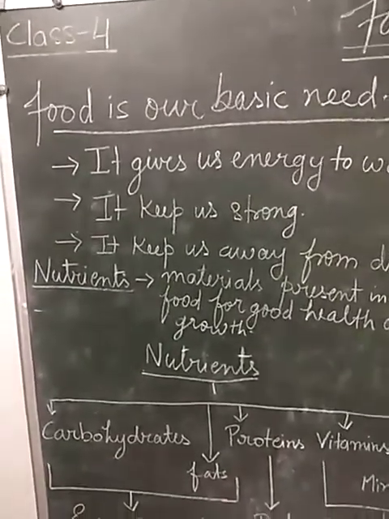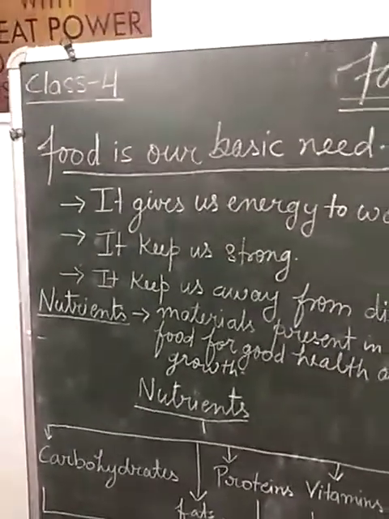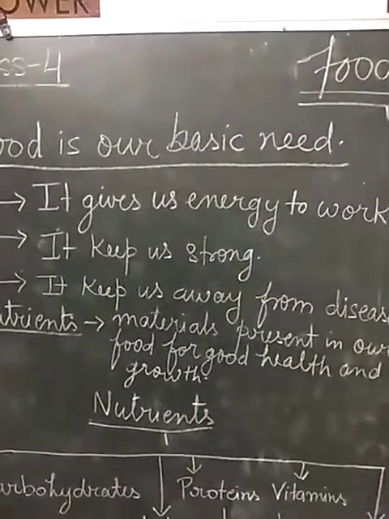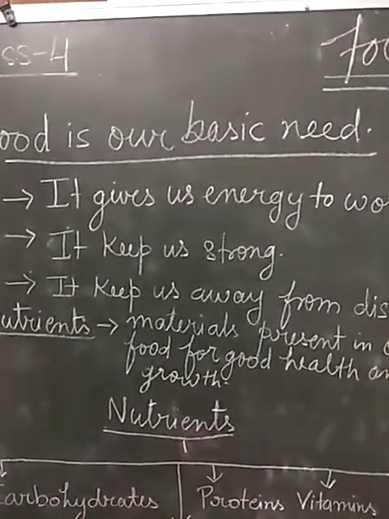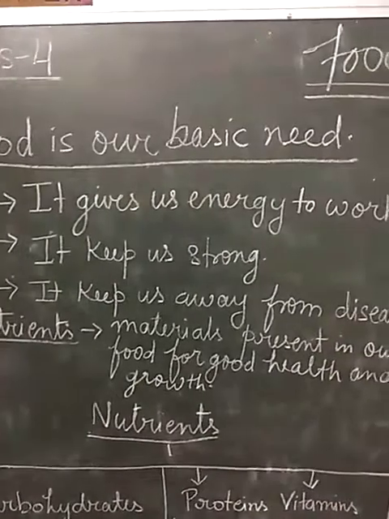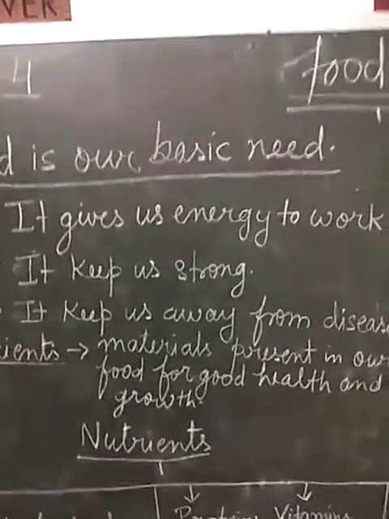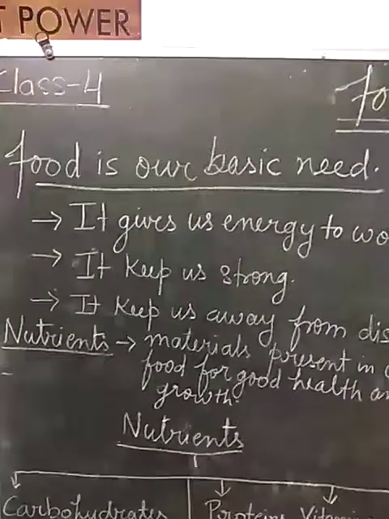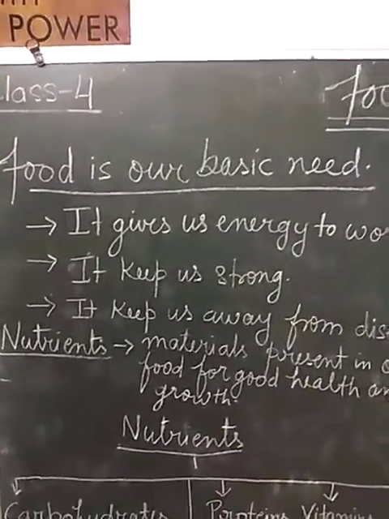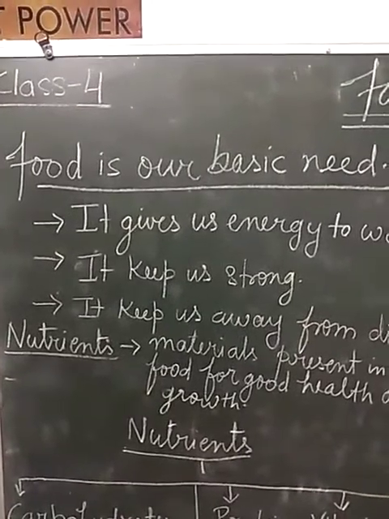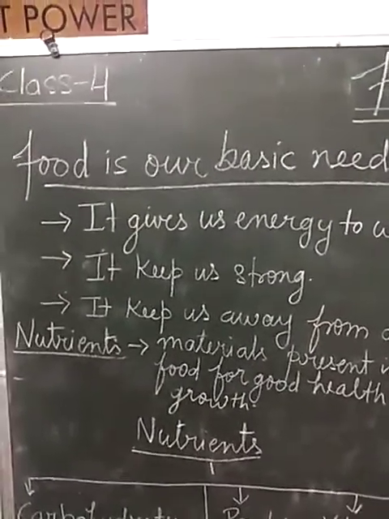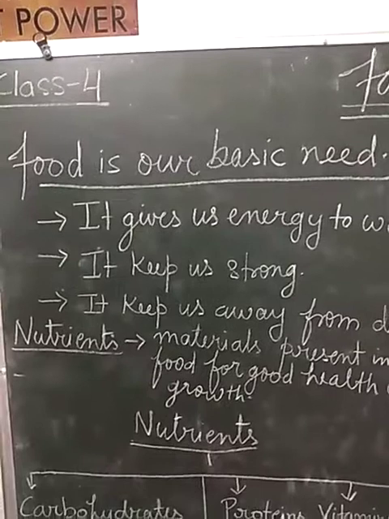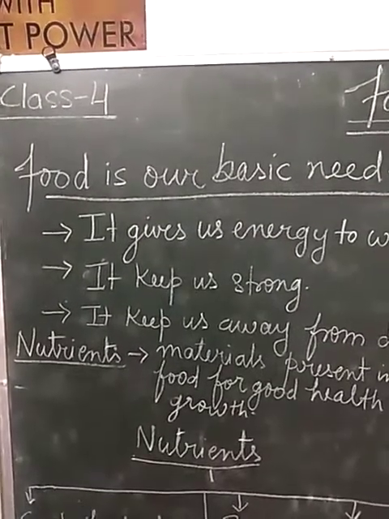Food is our basic need because it gives us energy to work, it keeps us strong, it builds our body, and it keeps us away from diseases. So that is why food is our basic need. It is very important for our life, and without food not a single living thing can live.